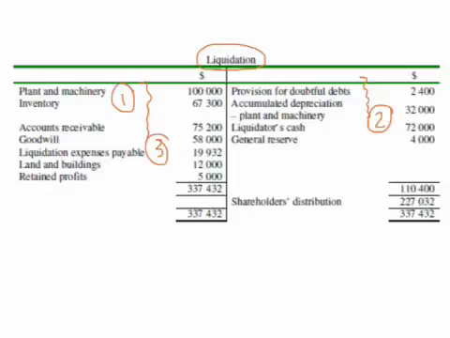The third category of entries in this account relates to any unrecorded liabilities. So what we basically do is, any liabilities that still need to be settled as part of the liquidation process, but which weren't raised as liabilities in the liquidated company's accounts, need to be raised as part of the liquidation process.